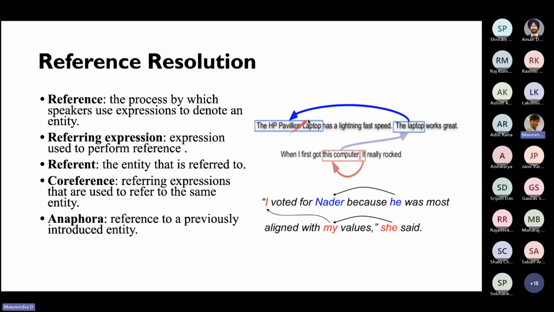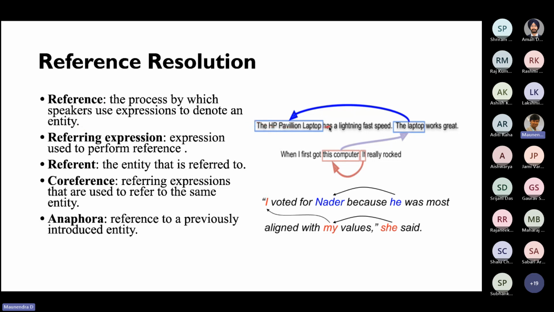Now, after we go through these examples and some example tasks, let us talk about some specific terminology which is commonly used in co-reference resolution discussion. One is reference. What do we mean by reference? The process by which speakers use expressions to denote an entity.